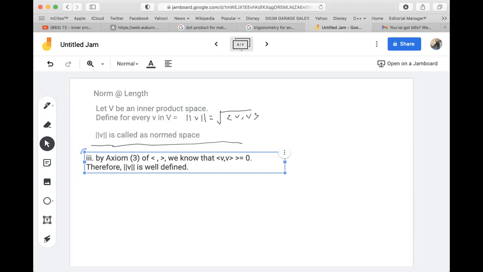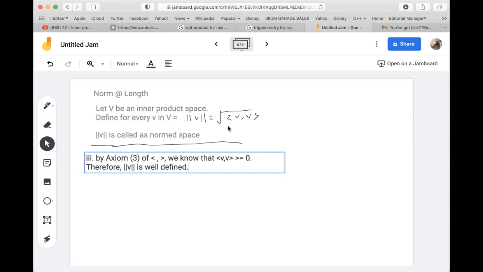So meaning that it shows a logic here. Because we say that the norm of V is equivalent to the square root of the inner product of V. And remember, if you have the square root of negative 10, it will not give you a real number.